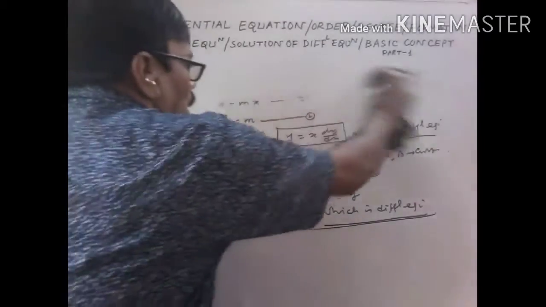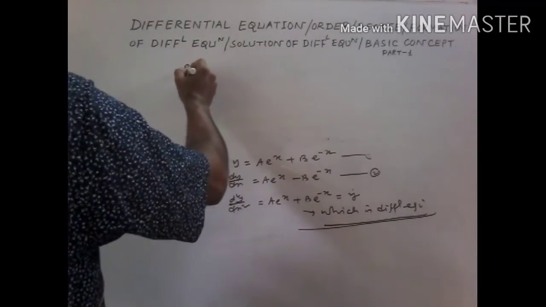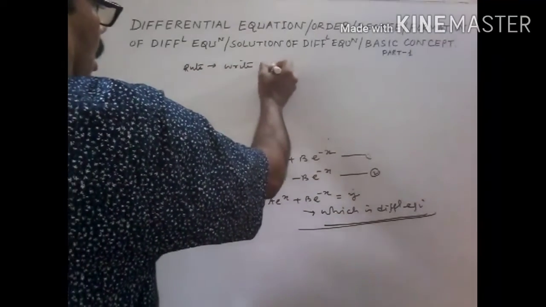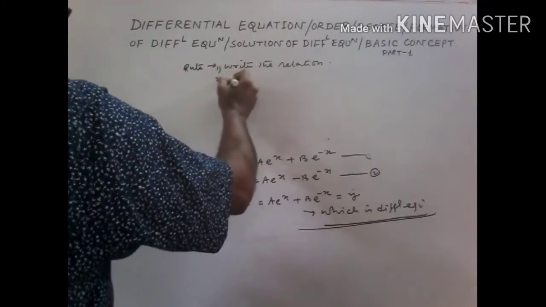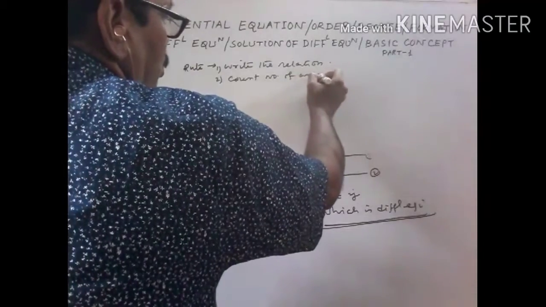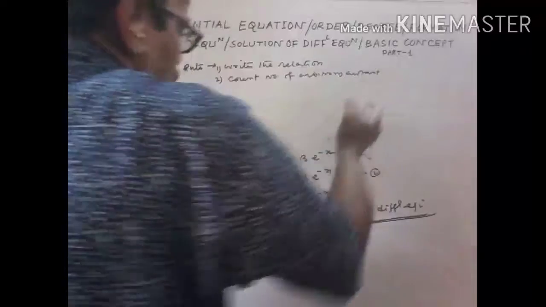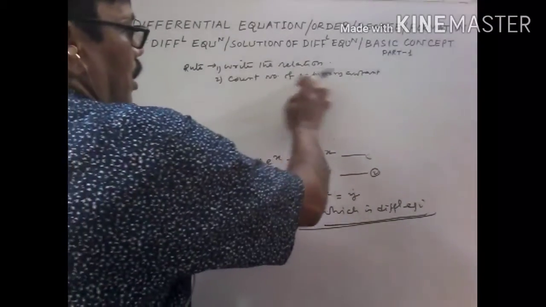So what is the rule for finding a differential equation? The rule is, number 1, write the relation. Number 2, count the number of arbitrary constants.